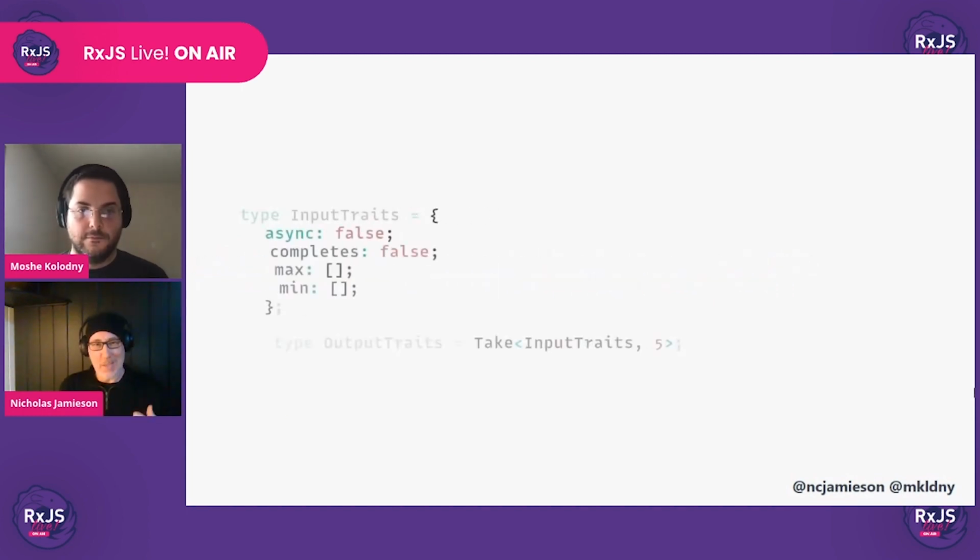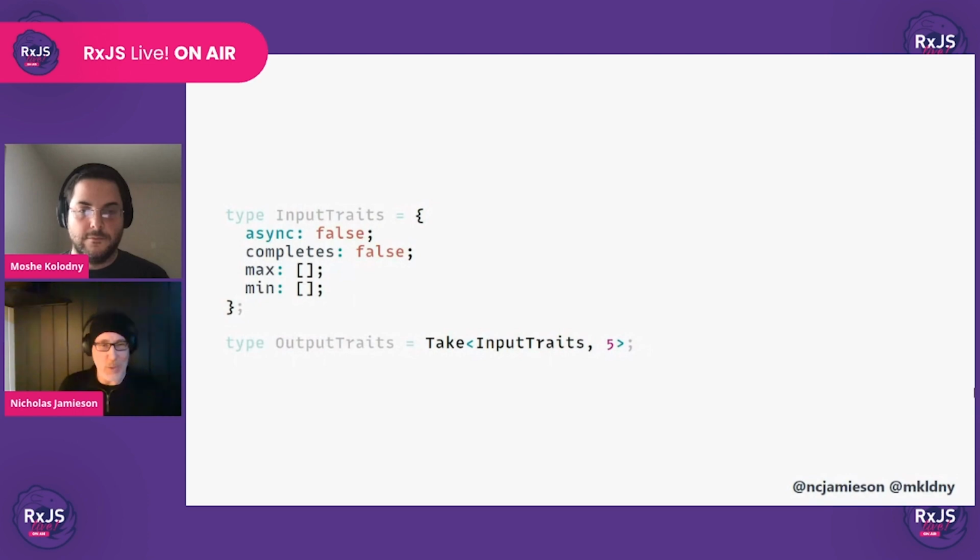So the trait types, the descriptors, are describing types that look like this. This is what they would look like in the program. The first one is just the literal type that would be associated with the never source. It's not asynchronous, doesn't complete, and it doesn't emit any values.